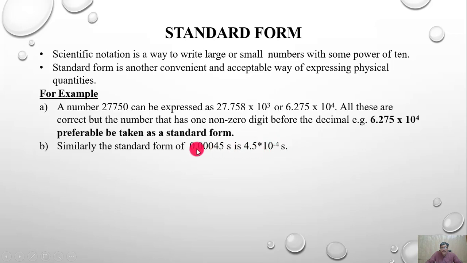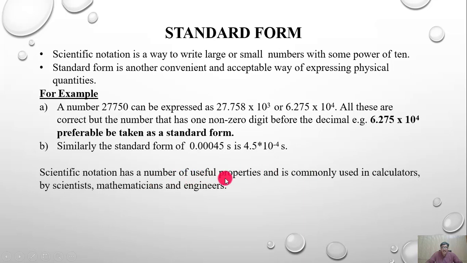When we are moving from left to right, we include minus with the power. And when we are moving from right to left, we keep the power as positive. So this is about standard form.